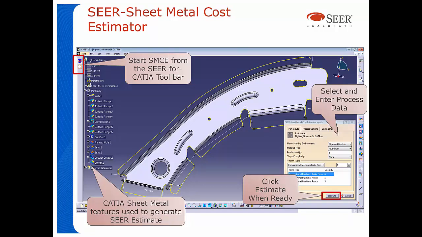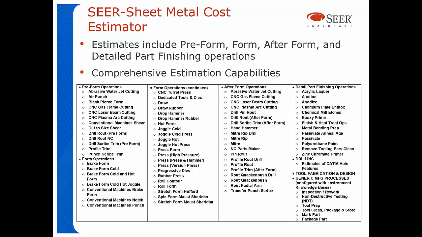We look at the flat pattern size, the trimming borders, all of the joggles and bends, and really the user typically will select the environment, the material type, the form type, and quantities, and away they go to get a full-up sheet metal estimate. Once you've selected a key form process, the pre-form, the after-form, and all the detailed part finishing operations are automatically loaded as well.